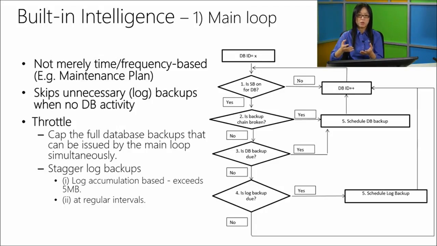Based on the log accumulation, to see whether there has been enough change. For instance, if there has never been a change applied to this database for the last 15 minutes, why take a backup? There is no reason, as you don't have data loss in that particular case, right? So we don't have to just do that on the drum. And that's why this offers a lot of opportunity to optimize.